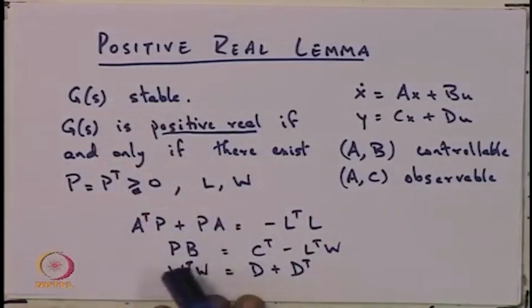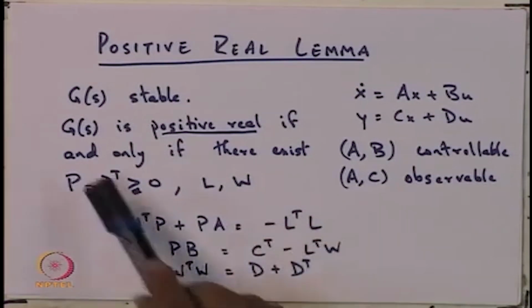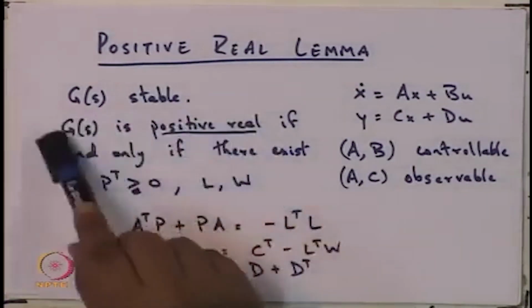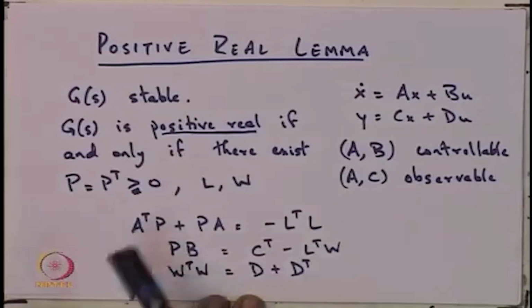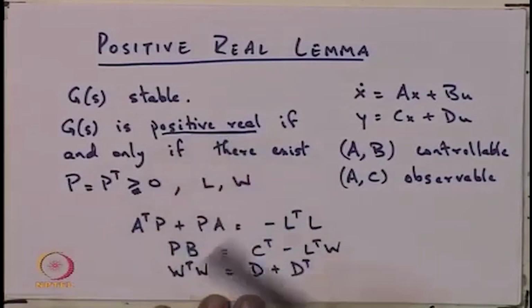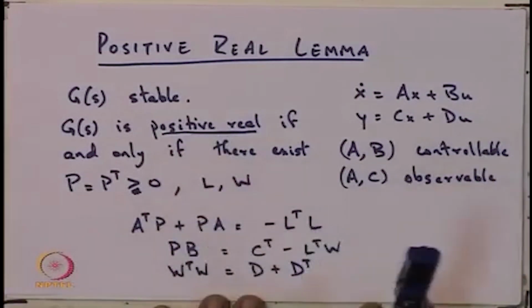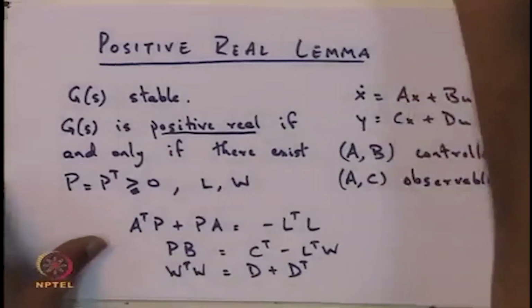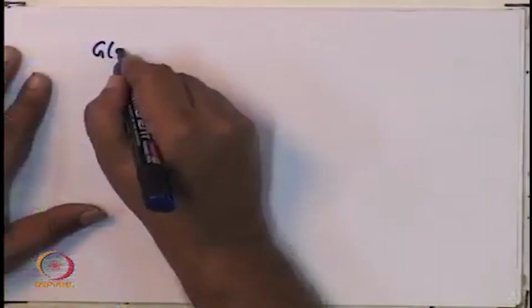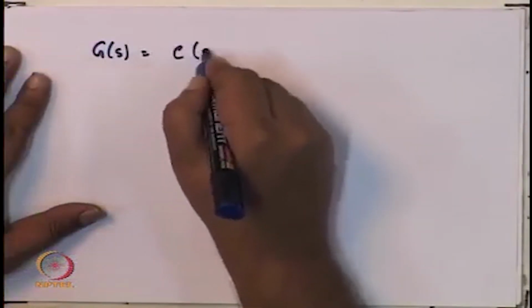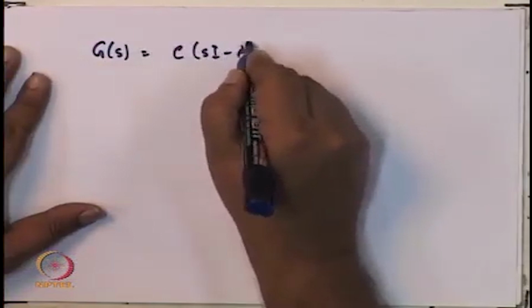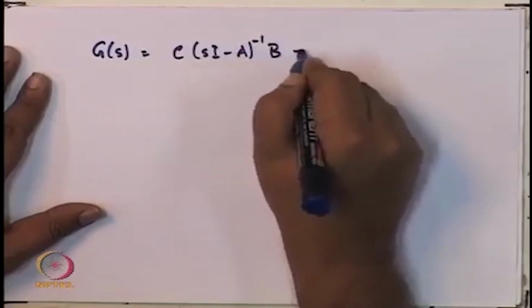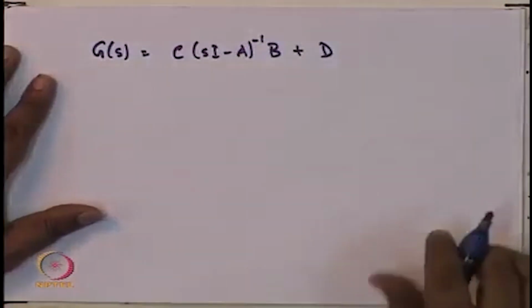Okay. So, all that we have to do further is show that the transfer function that you get is positive real. That means its Nyquist plot lies in the first and the fourth quadrant. Okay. So, let us start trying to do that. For that, let me first write down what G(s) is. G(s) is really C (sI minus A) inverse B plus D. Okay.